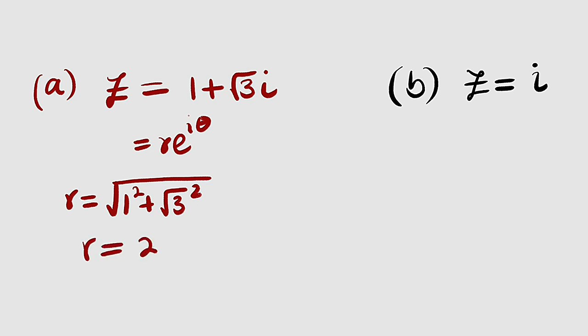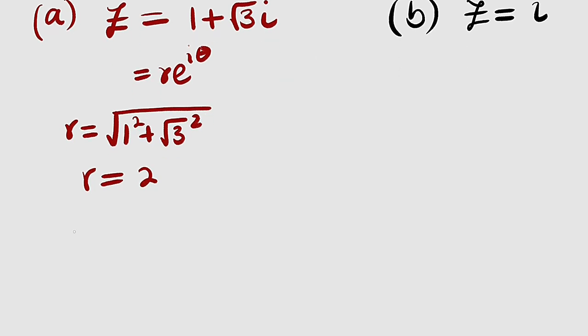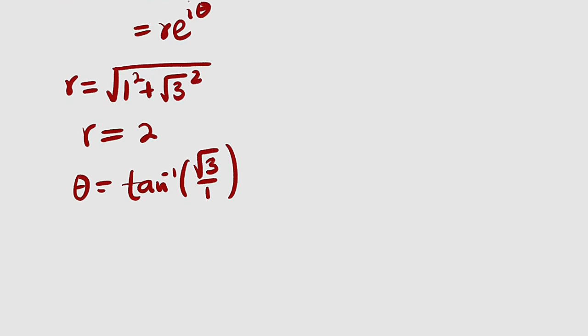So what about the angle? If you observe, this is in the first quadrant, so we don't have a problem with that. Therefore, theta is equal to tan inverse of imaginary part divided by real part, root 3 divided by 1. Root 3 divided by 1 is root 3, and tan inverse of root 3 is 60 degrees or pi divided by 3. Let us use radian.